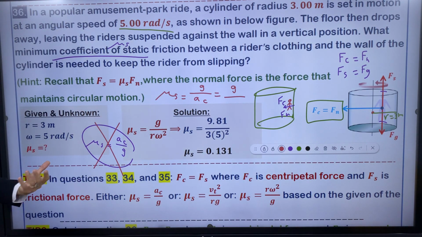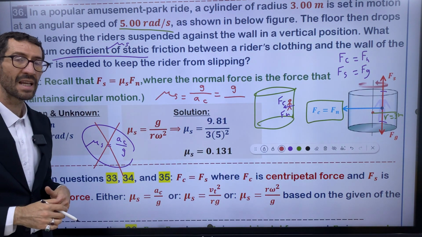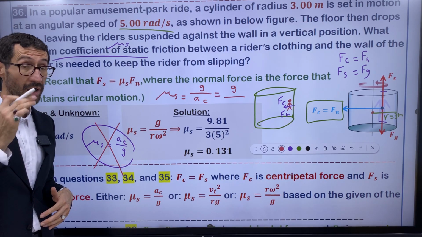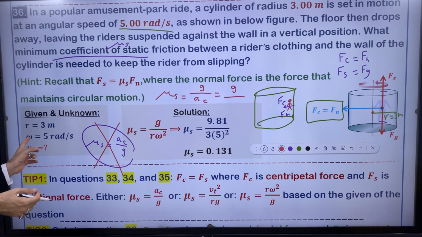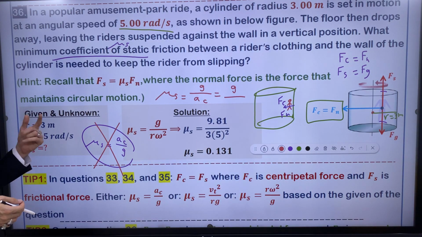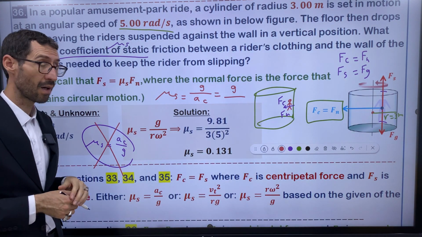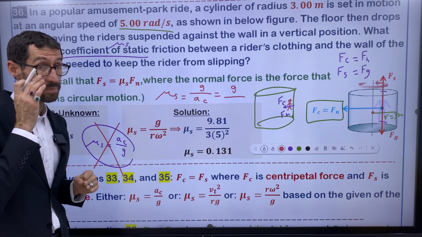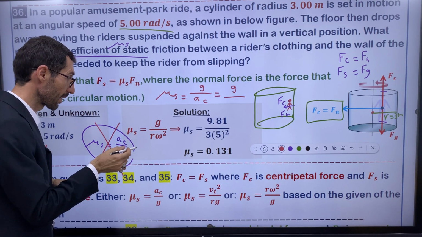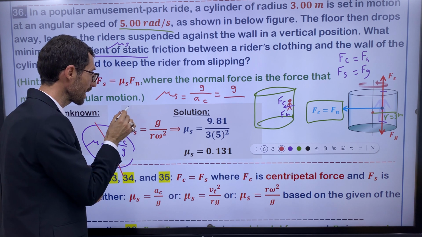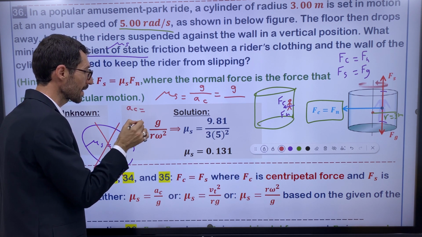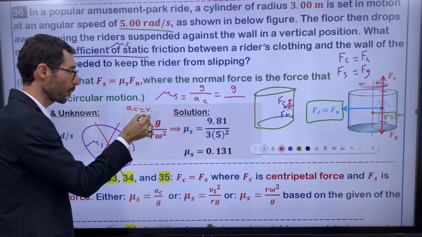I want you to think about the value of AC. AC is equal to VT squared over R. But here, because we don't have VT, think about AC in terms of omega and R, in terms of angular speed and R. AC becomes, let me jog your memory, R omega squared.